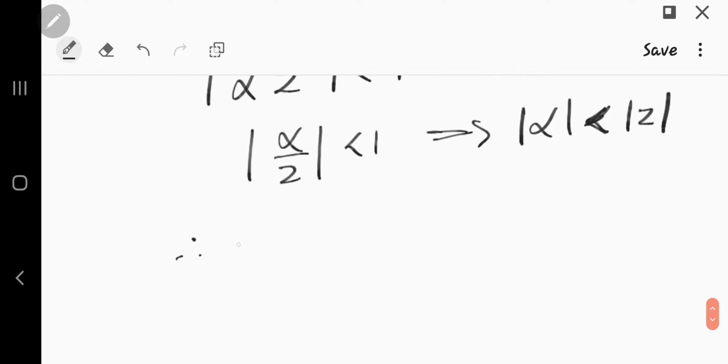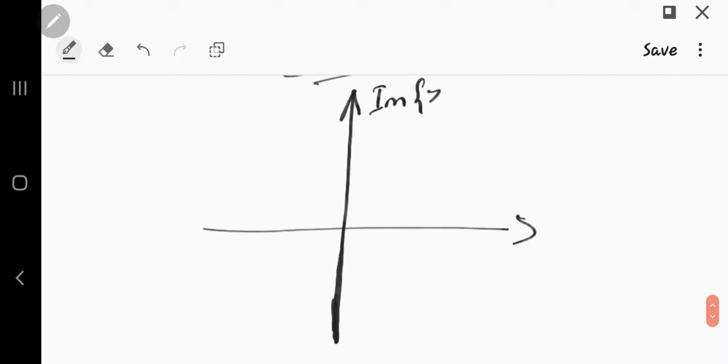Rearranging this, |z| is greater than alpha. So that means in the z plane, the points where the signal converges will be greater than alpha.